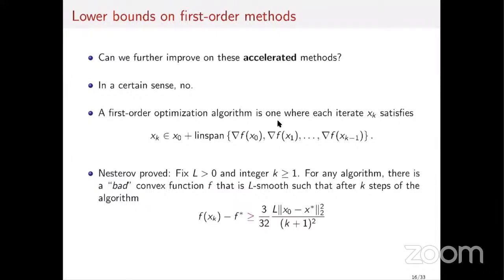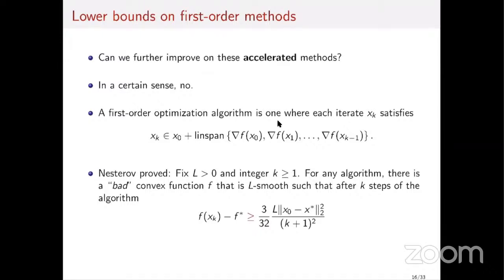Okay, so let's make sure that we interpret this theorem in the right way. You should really think of this theorem as a game played between two people: someone coming up with an algorithm and the other person coming up with a bad function on which the algorithm will perform badly.